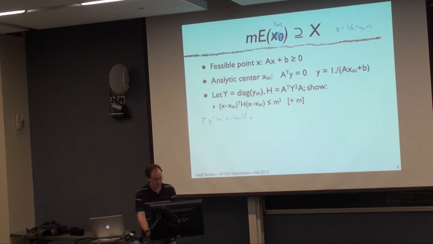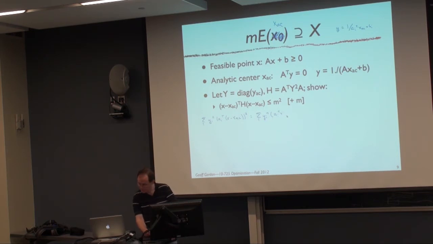So this is equal to the sum over i, yi squared, ai transpose x, and then minus, so 1 over yi is ai transpose xac plus bi.